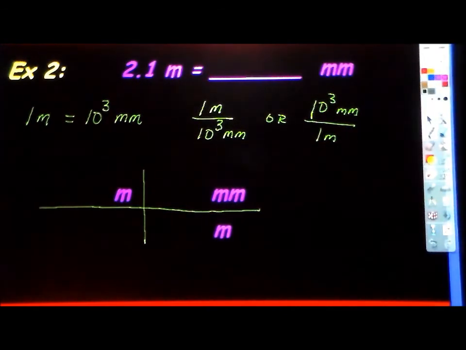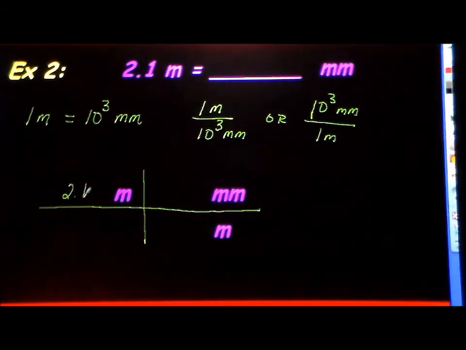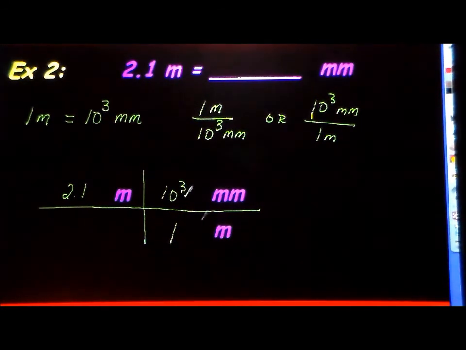So let's put the numbers in. We have 2.1 meters, and 1 meter is 10 cubed. And if we just multiply that, since meters are gone, I'll have my final answer of millimeters.